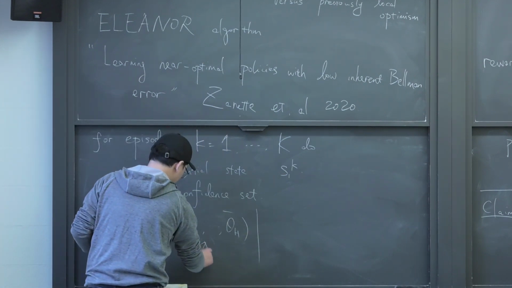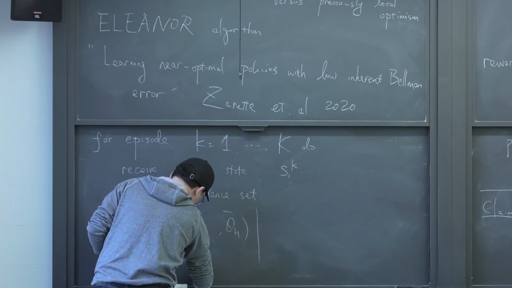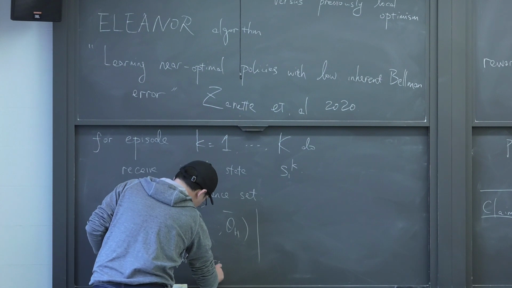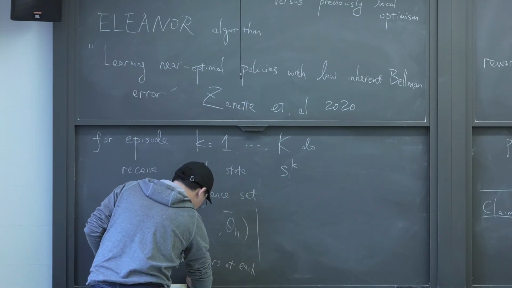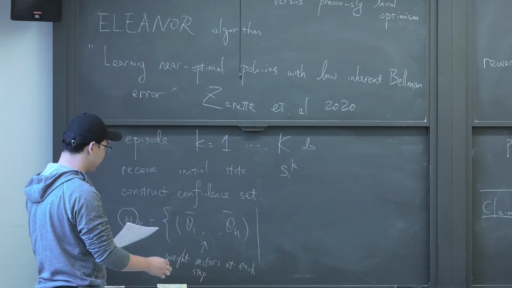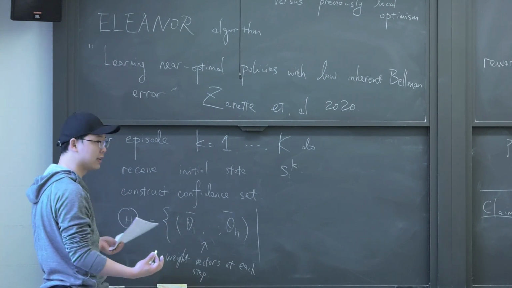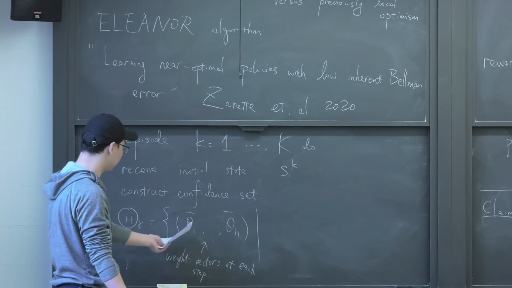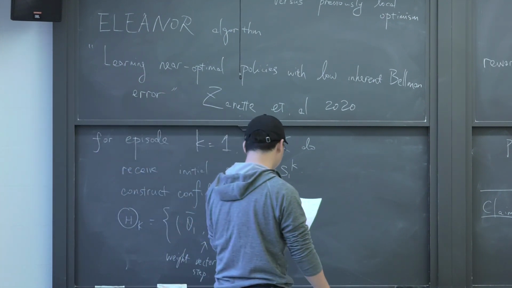Those are weight vectors at each step. You can think of this as a confidence set of this weight parameter. You can also think of it as a confidence set of the value function, because theta directly determines the value function if we directly choose the linear function.